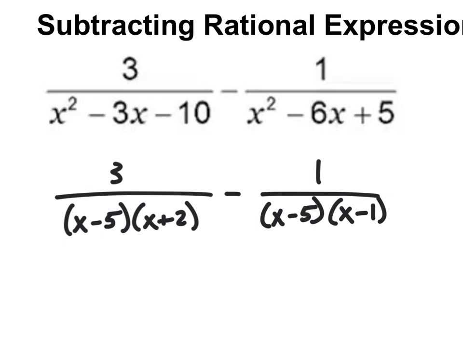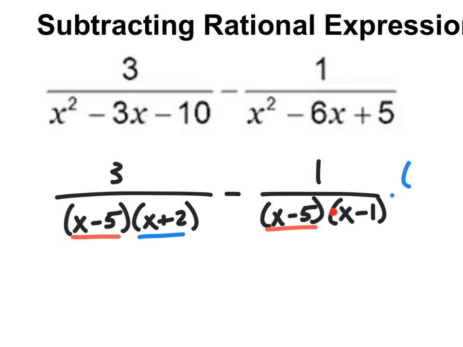Now notice that we have a common x minus 5 factor, okay? So what I want to do is get a common denominator. So I'm going to take this x plus 2 factor and multiply it over here because I need to combine those. I take whatever factor I don't have over here, which doesn't match up.